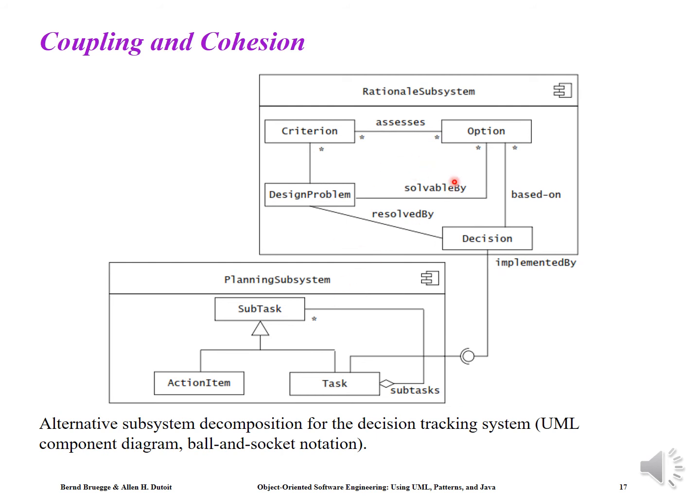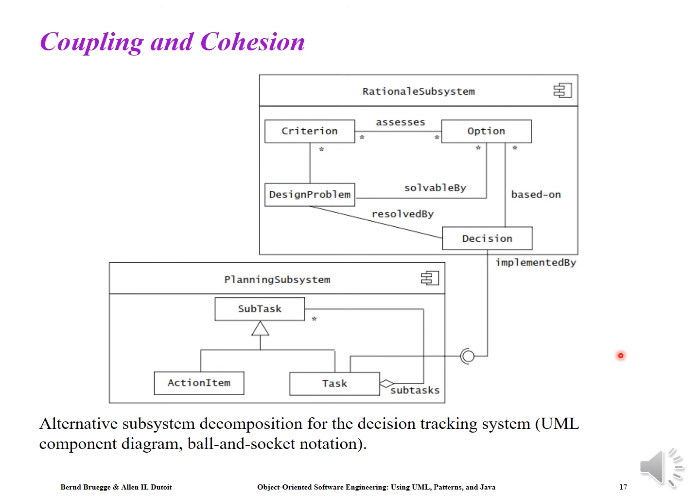Now the subsystems interact with one another through interfaces. So what this indicates is that the rational subsystem provides an interface which is required by the planning subsystem.